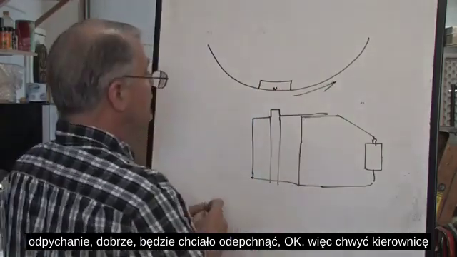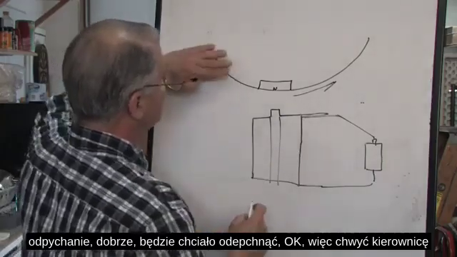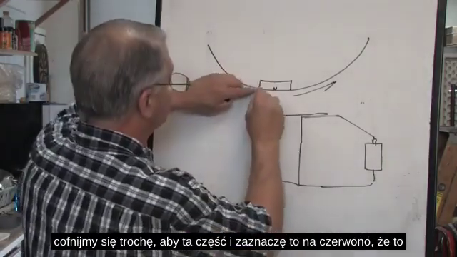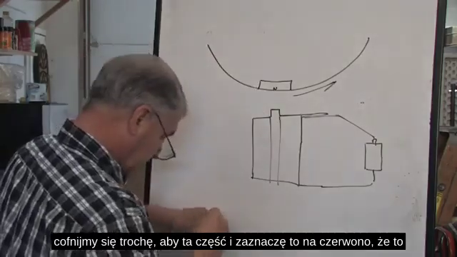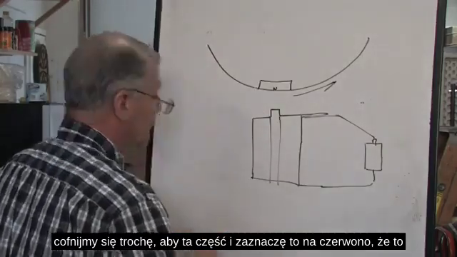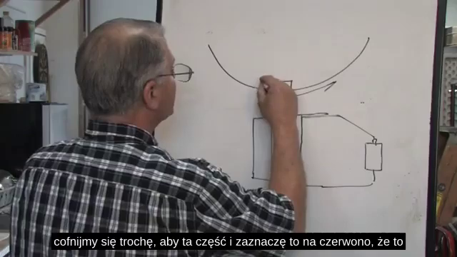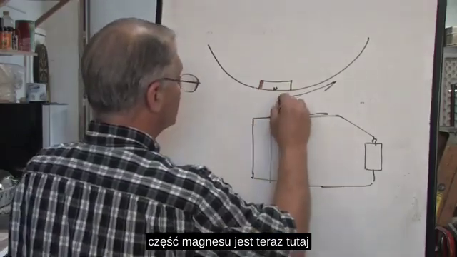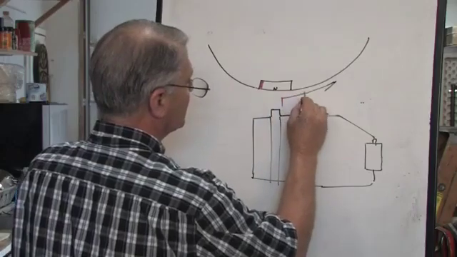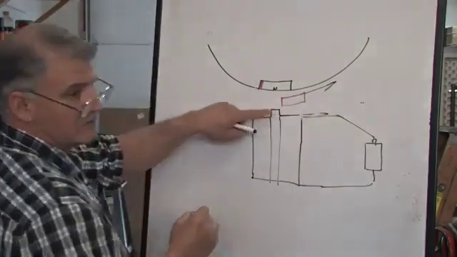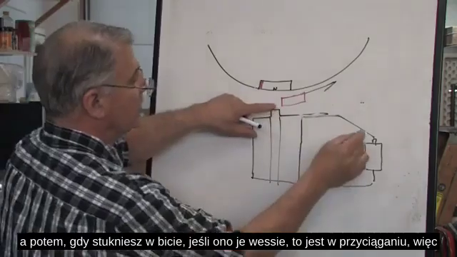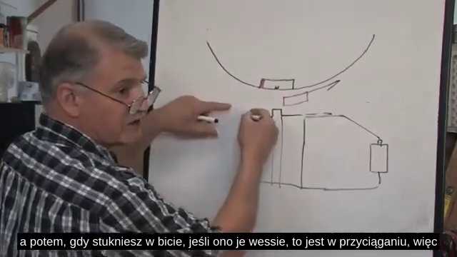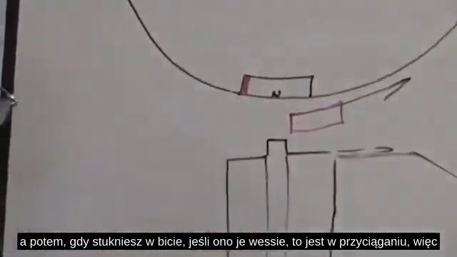Oh, okay. So then hold the wheel back a little bit so that this portion, and I'll put this in red, that this portion of the magnet is now here. And then when you tap the battery, and if it sucks it in, it's in attraction.